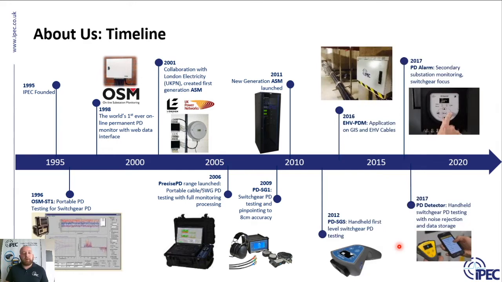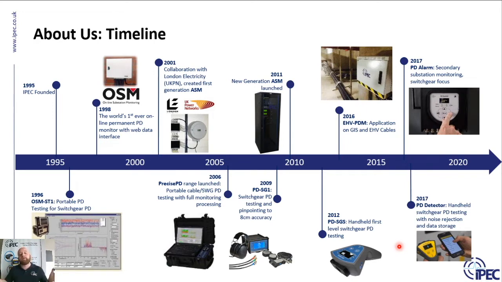Then skipping through the other products, basically what we have now and what we launched over the last sort of 10 years, if you like, is technology and equipment complementing the permanent monitoring systems, instrumentation focused on medium voltage switchgear, and then with the permanent monitoring system, which originally was focused on, of course, the application of medium voltage, it then expanded into EHV, looking at GIS, with UHF sensors, and also the PD alarm, which is more for smaller and secondary substations as well.